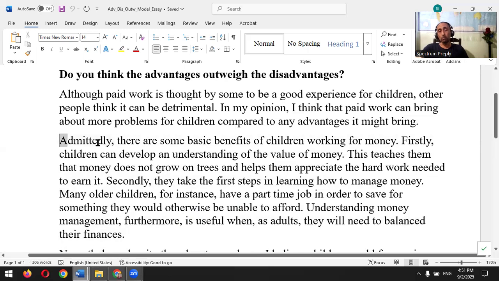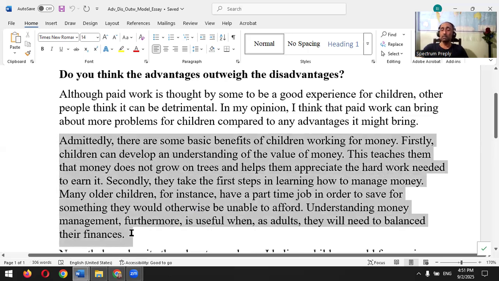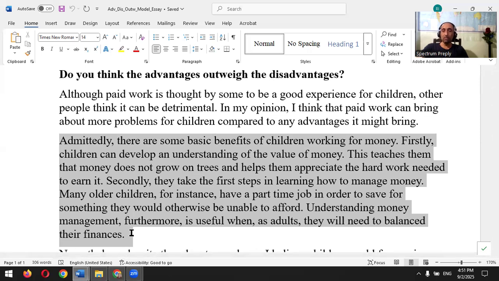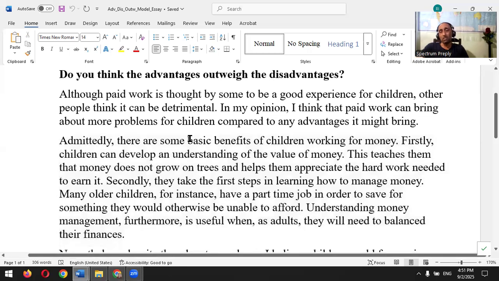So you can see that with some words, it seems like the student is reluctant to write about the advantages, but has to write them. So he writes "admittedly," and then he or she uses some opinion adjectives to show that this is not very important, like the word "basic" here. Basic benefits. It's not important, just basic benefits, preliminary benefits.